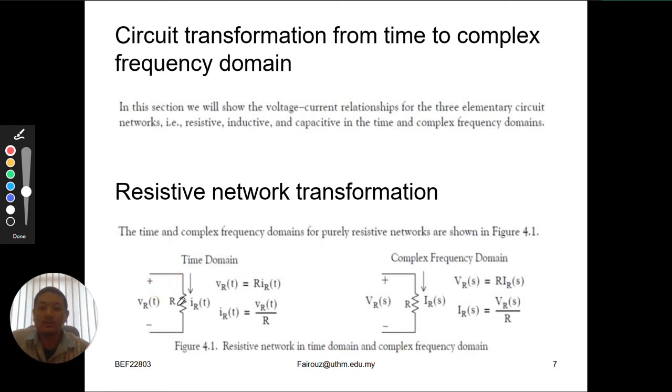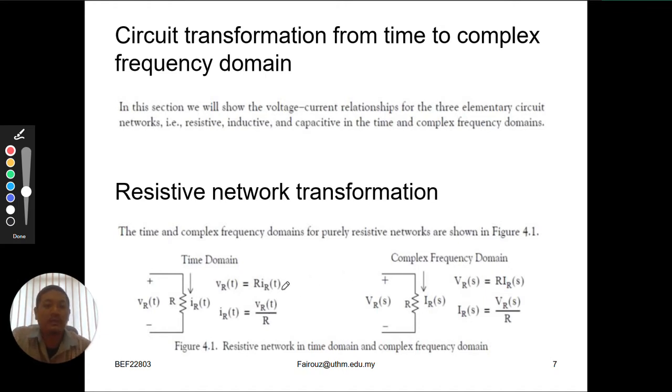Here the voltage across the resistor is simply equal to the resistance R times i_R, the current flowing through the resistor, or i equals v over R. So this is basic.